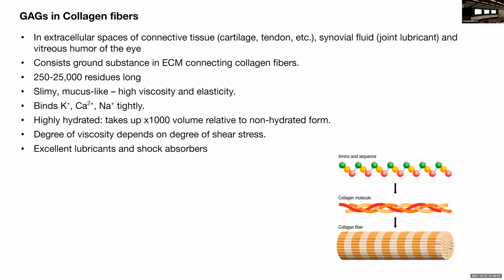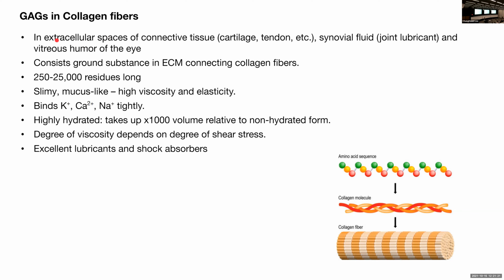Here's one example where GAG is used. I always have trouble with putting this at the right angle. So, one example is that GAG is used in the ligaments or the cartilages of the connective tissues in conjunction with the collagen fibers.